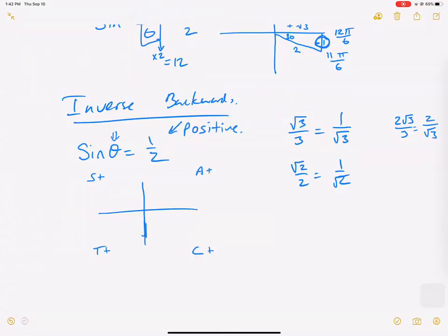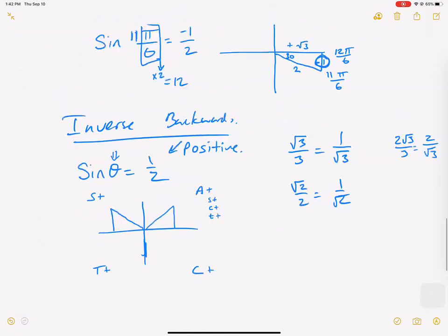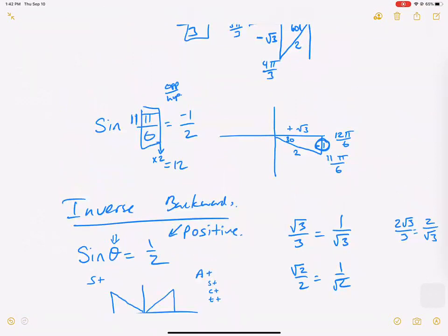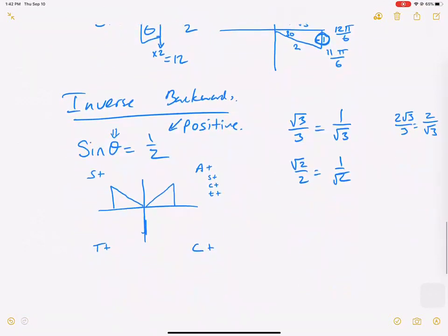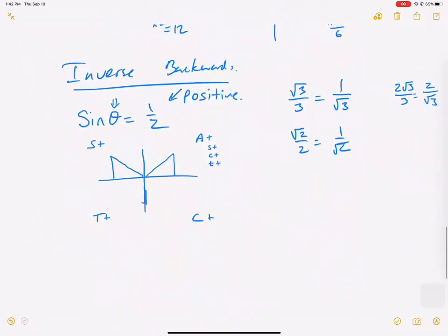Quadrant 2, good, as well as quadrant 1, because everybody is positive in quadrant 1. I just drew 2 triangles. Instead of drawing 1 triangle going forward, going backwards we actually have 2 possibilities. So sine is positive in quadrants 1 and 2.